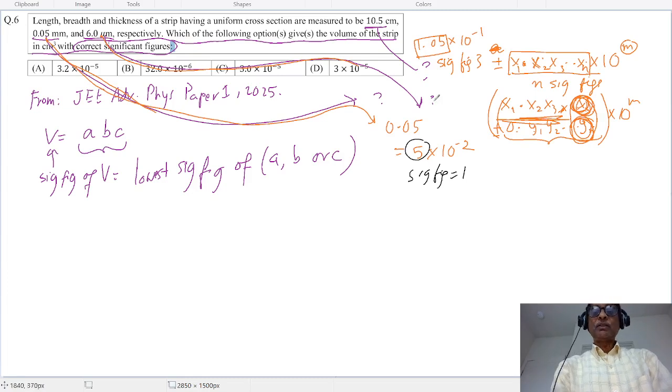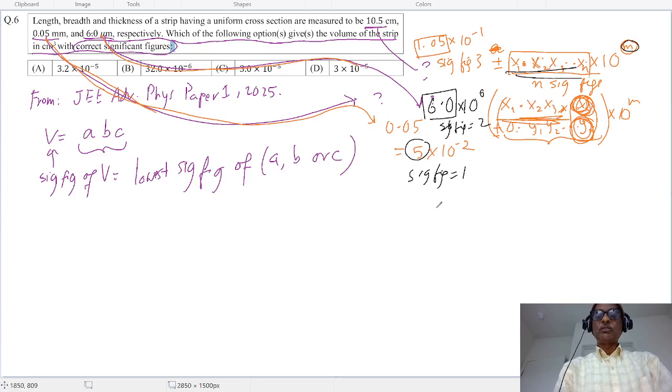This guy is already 10 to the power 0, so this is already 2 sig figs. This one is already in this form with m equal to 0. So this is the lowest, so the lowest will be 1. I also look at this. This is the only one that's 1.